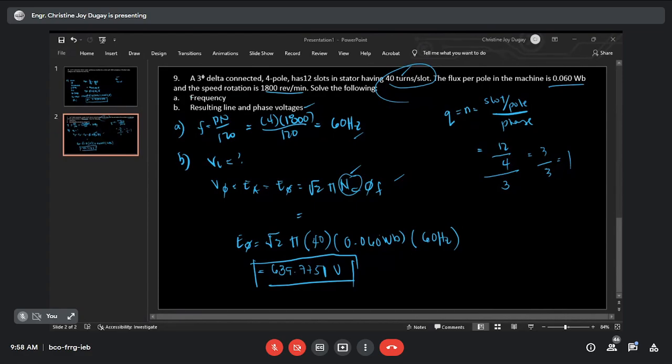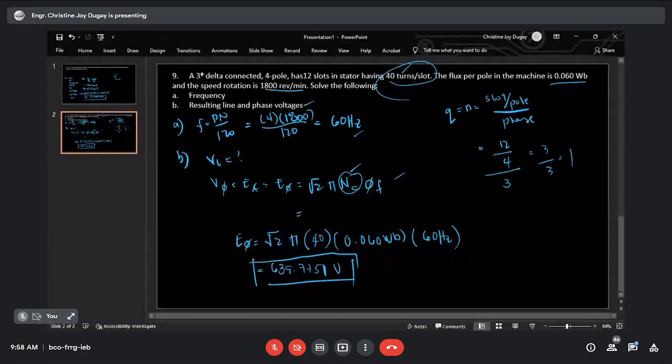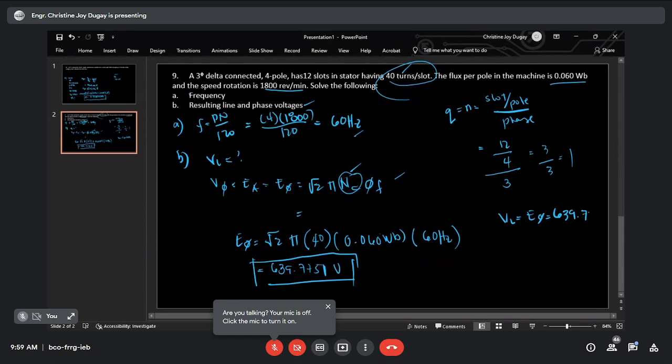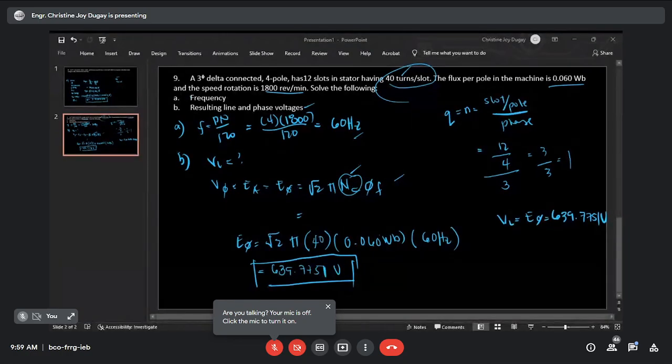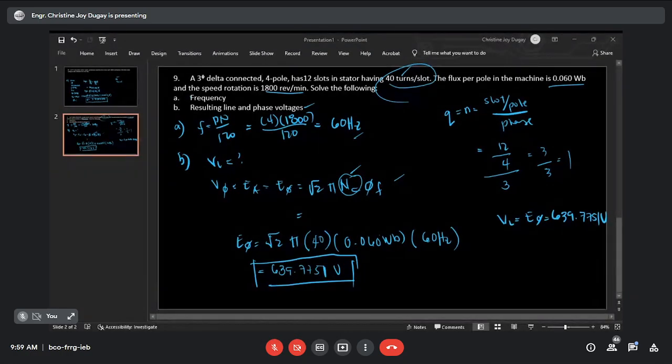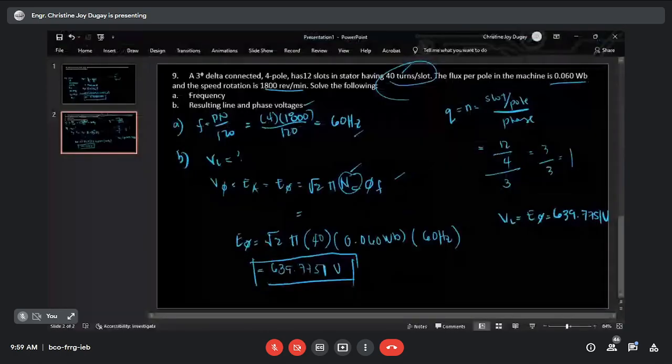Since they are delta connected. Are you okay, following? So our E line or V line is also equal to E phase, which is equal to 639.7751 volts. Any clarifications, questions?